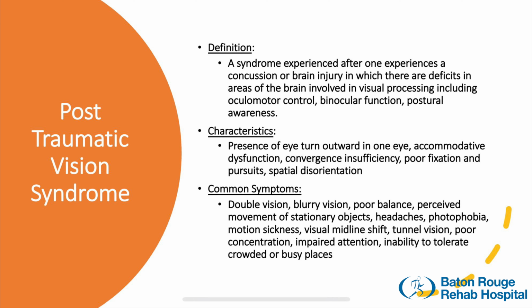Therefore, patients with PTVS will have vision that becomes more centrally focused, with difficulty processing visual input from their periphery. They may mistakenly perceive movements of stationary objects and find that environments with lots of movement are overstimulating. Other characteristics include the presence of an eye turn with or without complaints of double vision, accommodative dysfunction, convergence insufficiency, poor fixations and pursuits, and spatial disorientation.